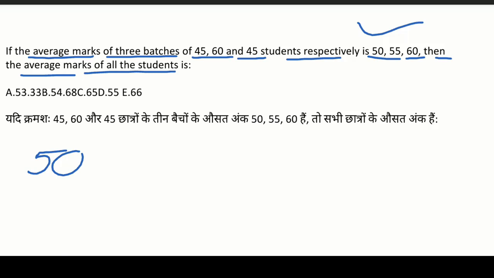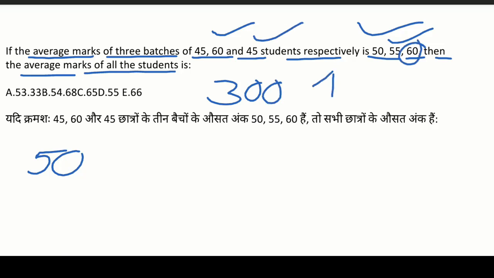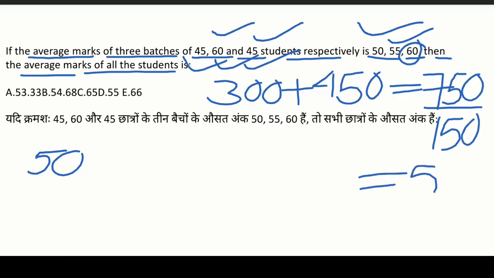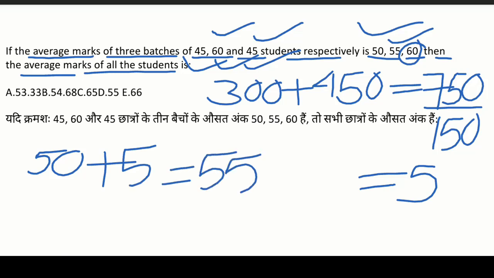What is the increased marks here? 5 into 60, which is 300, and here 10 into 45, which is 450, total 750, divided by 45 plus 45, 90, plus 60, which is 150. So 750 divided by 150, which is equal to 5. So 50 plus 5, which is equal to 55, is the average marks of all the students, which is in option D. So option D is the correct answer.